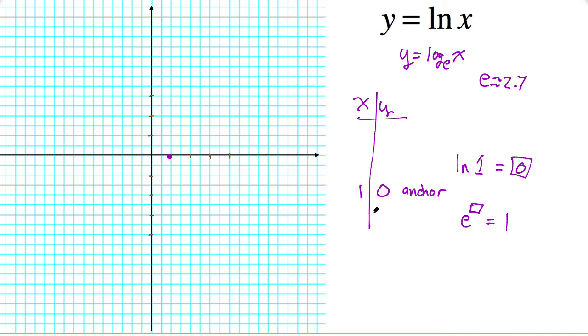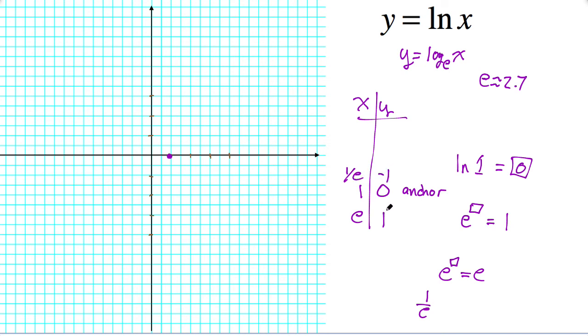What happens if we have something like e for x, which is approximately 2.7? And again, e to the what equals e? Well, this would have to be 1. So it's e comma 1, approximately 2.7 comma 1. What about 1 over e?